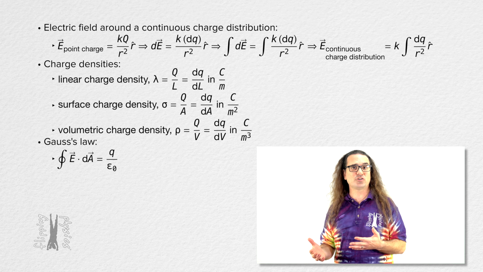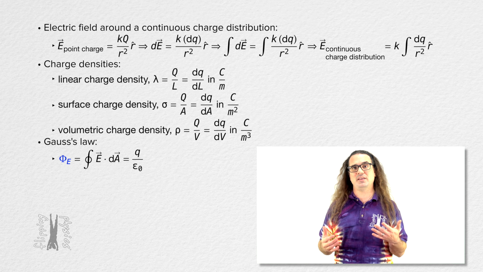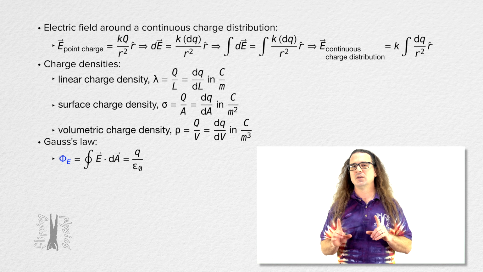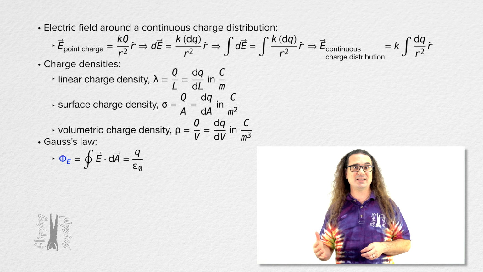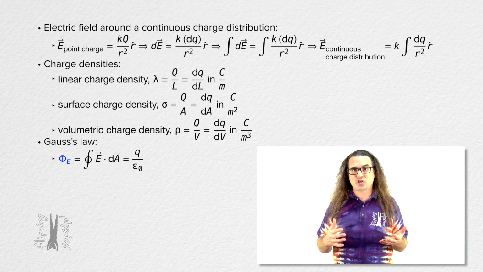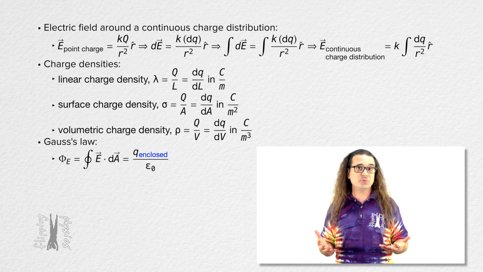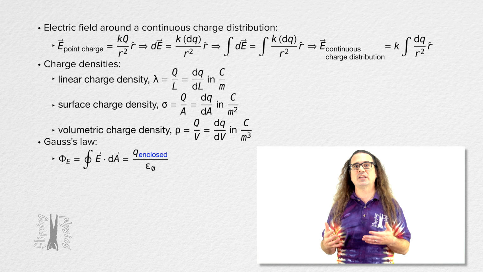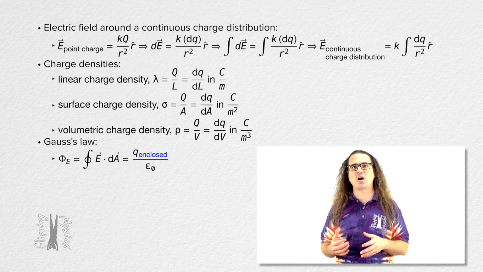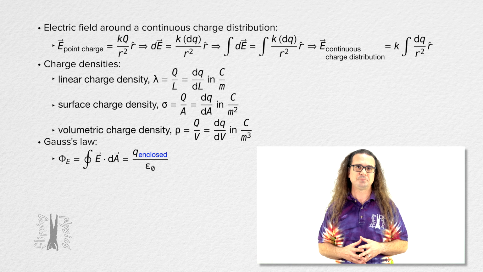So on the left, there should be a capital phi with a capital E subscript to indicate it equals electric flux. Two, the charge on the right-hand side of the equation should have a subscript which indicates which charge we are talking about. I usually use the word enclosed because this charge is the charge enclosed by the Gaussian surface we are integrating the integral over.